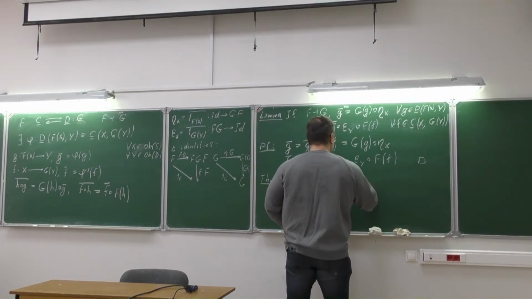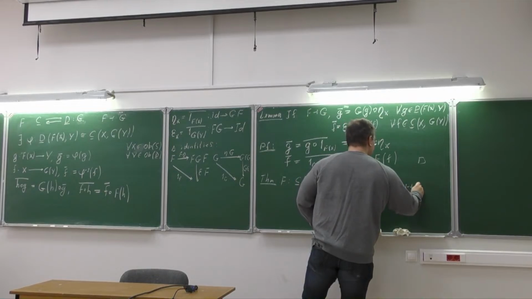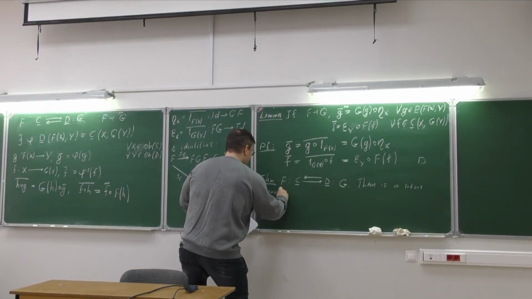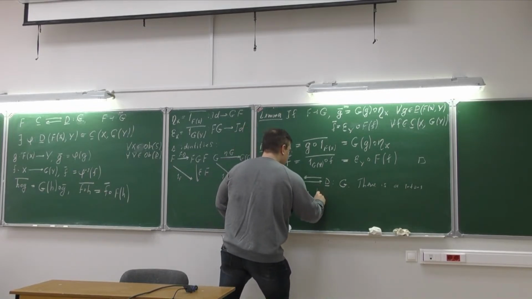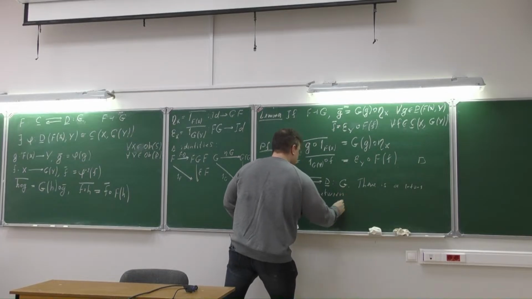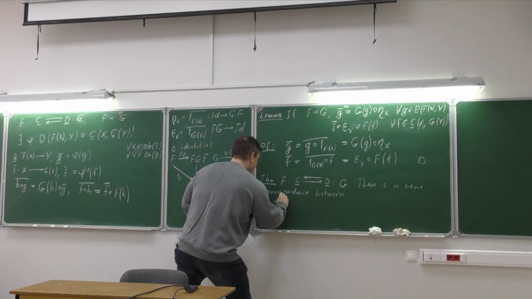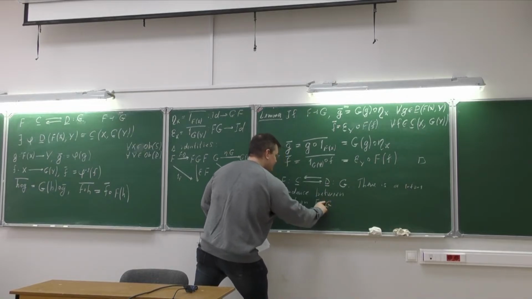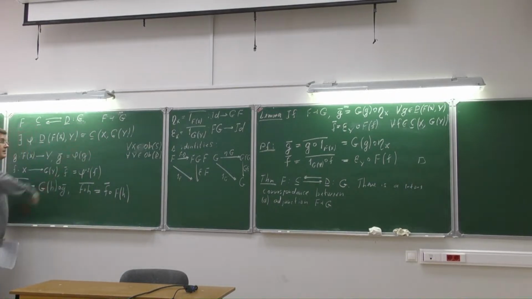So there is a one-to-one correspondence between the following two types of data. In A, this is just the adjunction between functors f and g, meaning that we have this map phi, which satisfies these two identities.